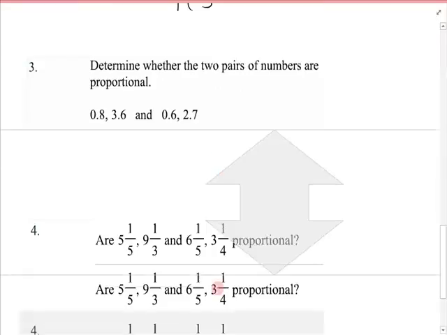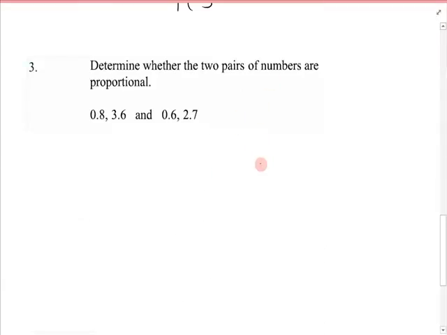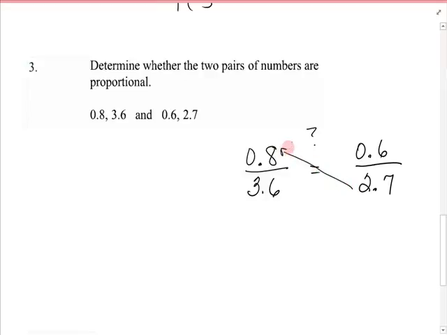Let's look at another one. It has 0.8 is to 3.6 as 0.6 is to 2.7. So are these ratios proportional? Well, let's see. One of the cross products is 2.7 times 0.8. 8 times 7 is 56.